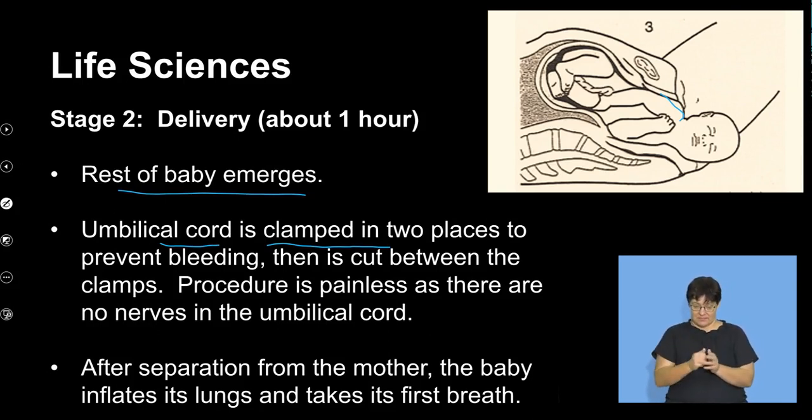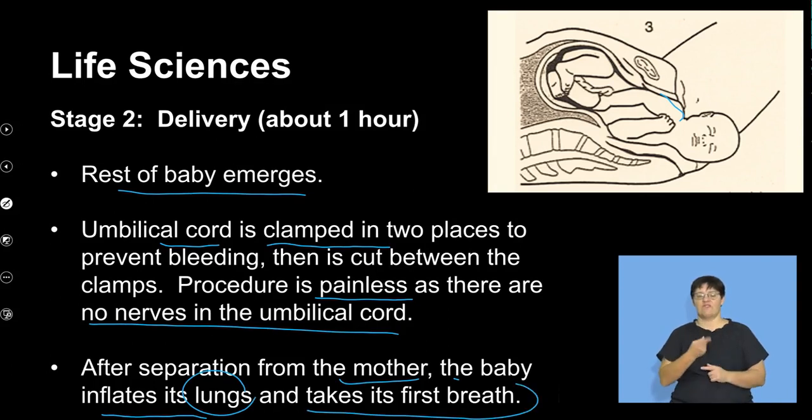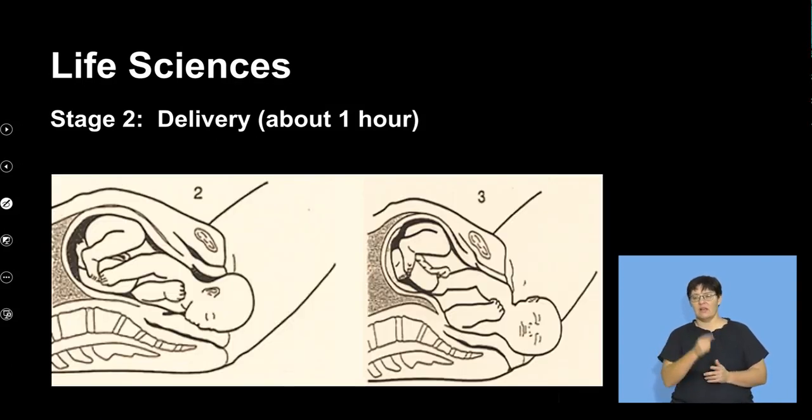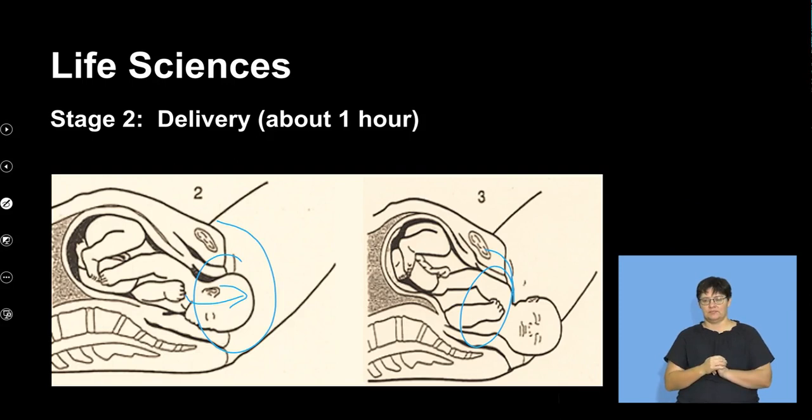The procedure is generally painless as there are no nerves in the umbilical cord. After separation from the mother, the baby will take its first breath and the lungs inflate. Here we're seeing an image showing the crowning and then the shoulders moving through the birth canal.